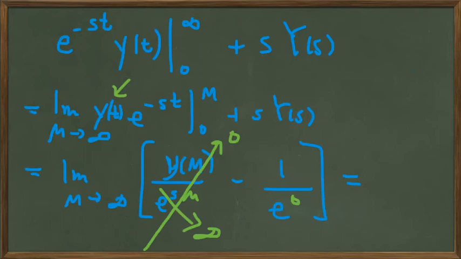And also this numerator here, because we're plugging 0 into this expression, then the numerator here is going to be y of 0.